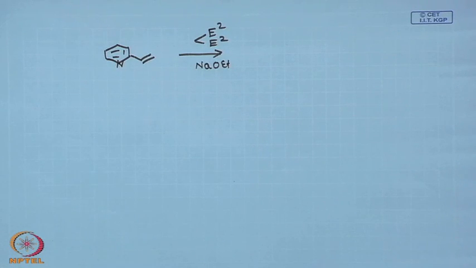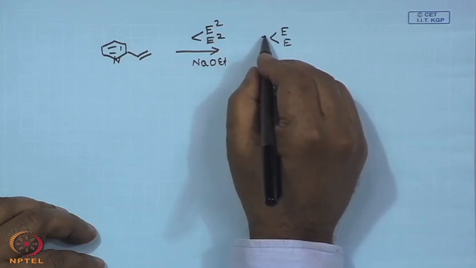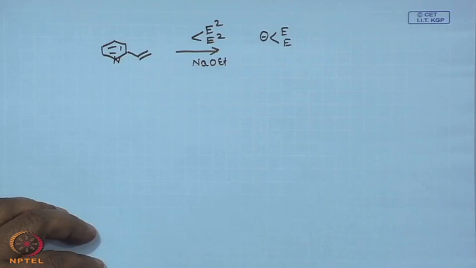So, what is the chemistry you can think about? Any guess? All of us know sodium ethoxide with diethyl malonate will form the corresponding anion here, right. What next?